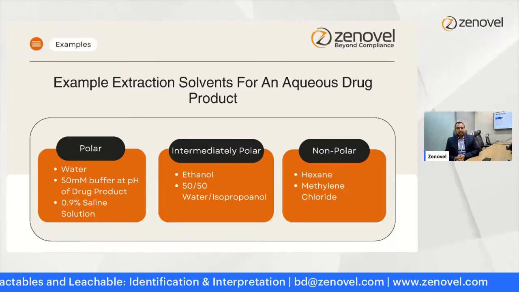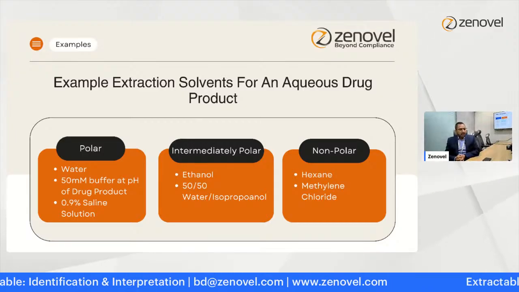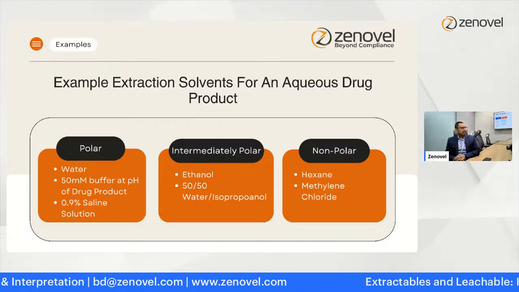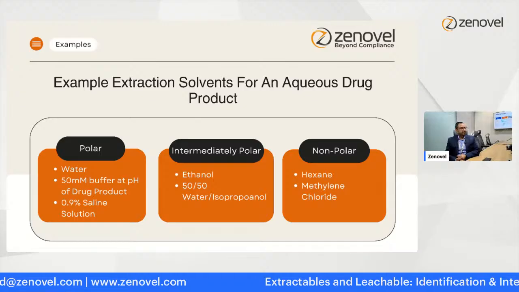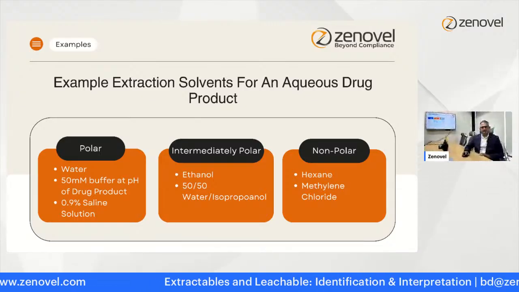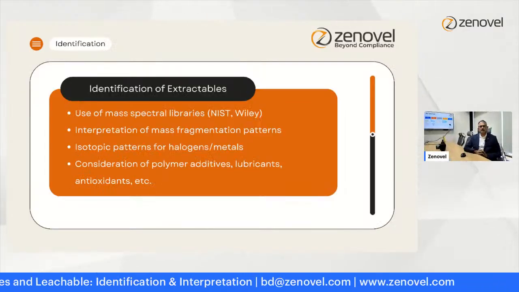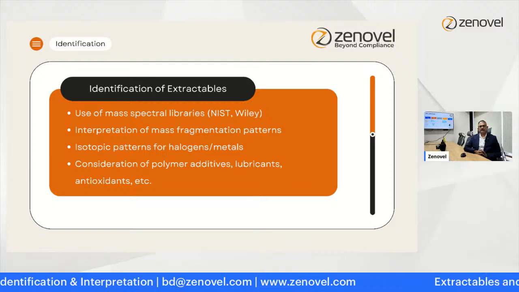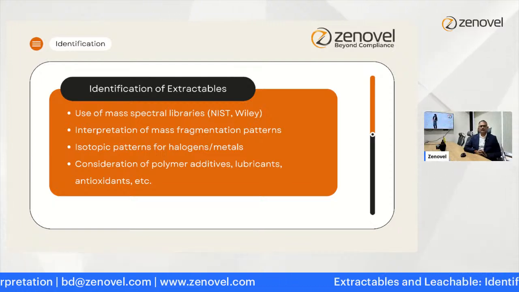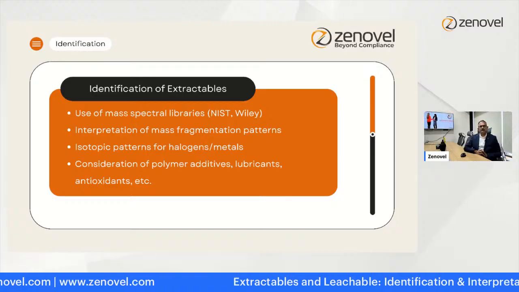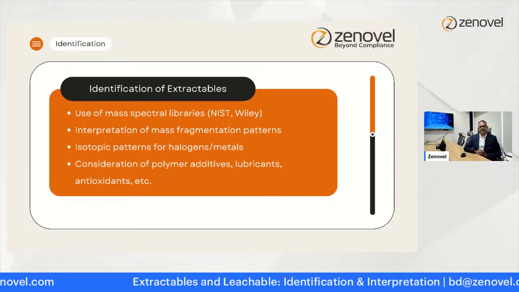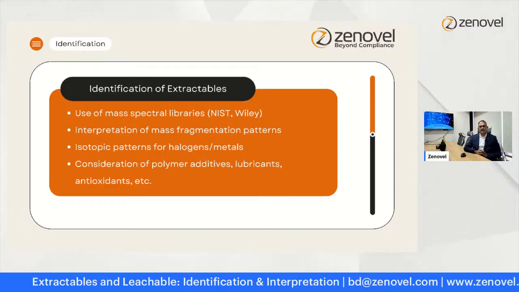The controlled extraction and the simulated extraction we understood. So how can we identify the extractables and the leachables? Now let's move on towards the identification of the extractables. Generally, we can use mass spectral libraries such as NIST and Wiley Library.